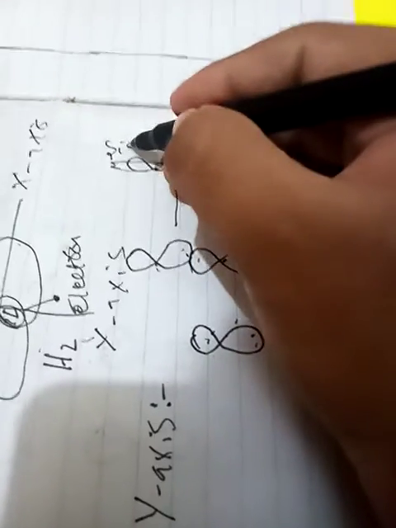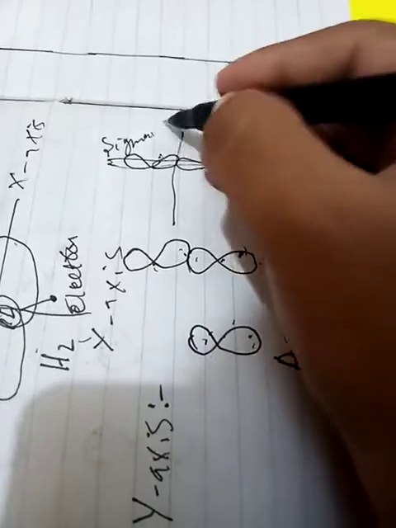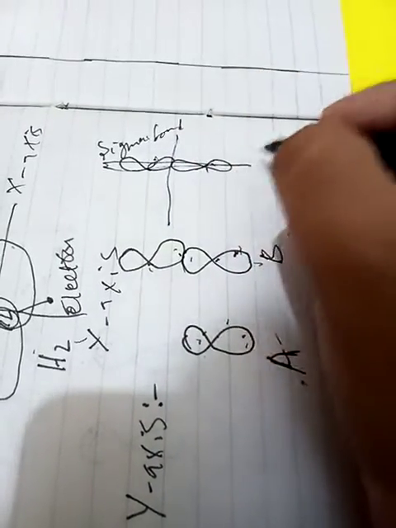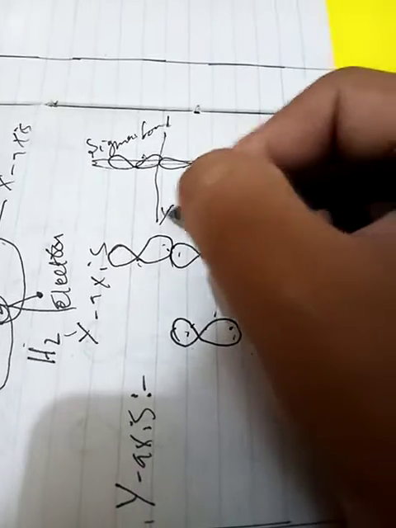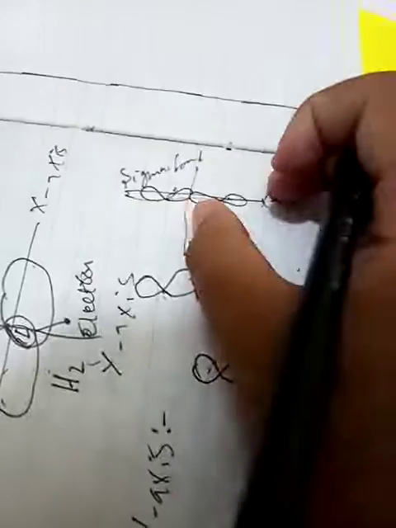So they are on the x-axis, and they are already bonded in a sigma bond. This one is the x-axis, this one is the y-axis.